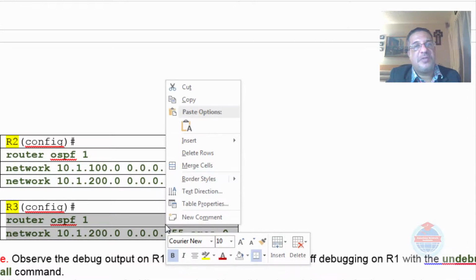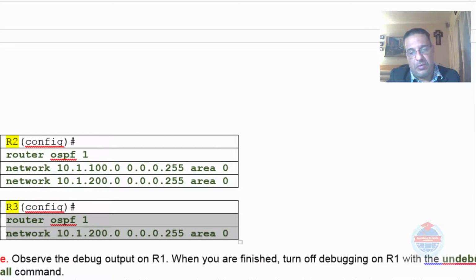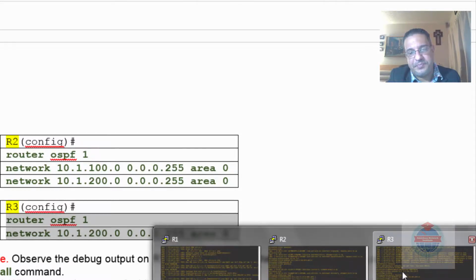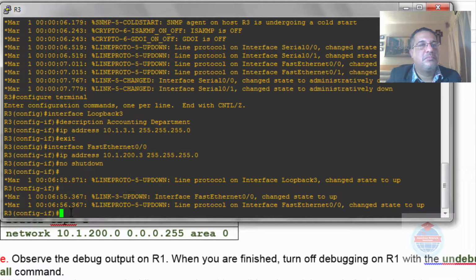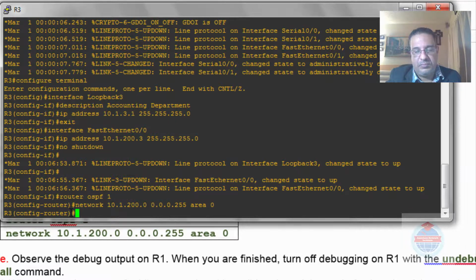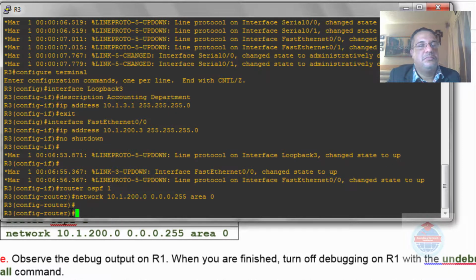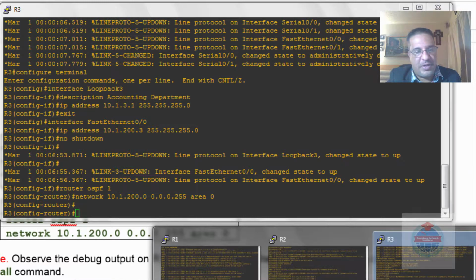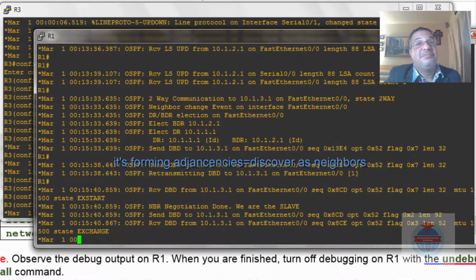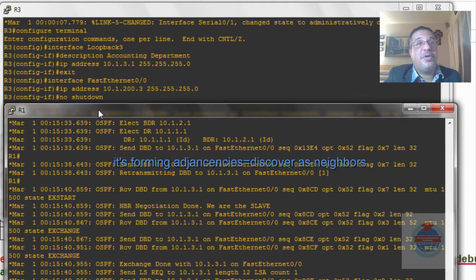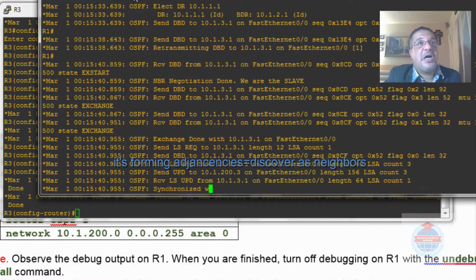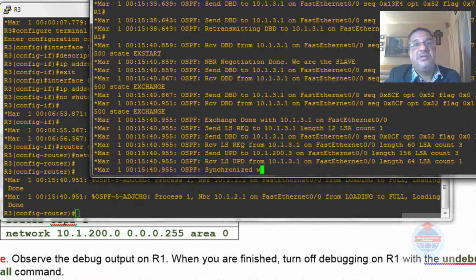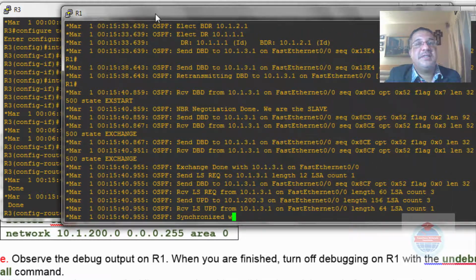Now let's check what's going to happen on R3. And let's put over there as well R1. Now R1 is reading what's going to happen on R3. You see this, guys?